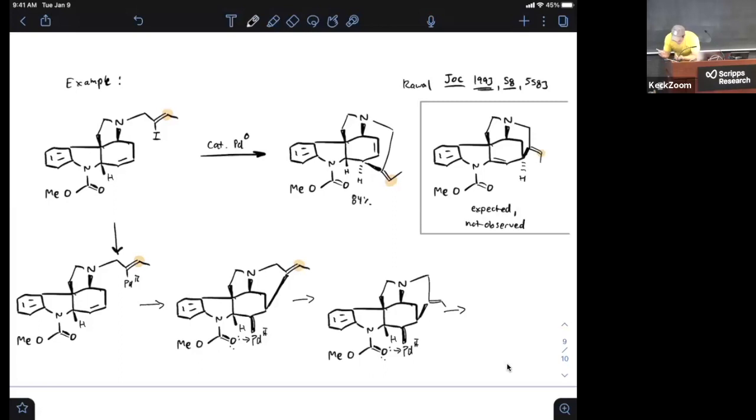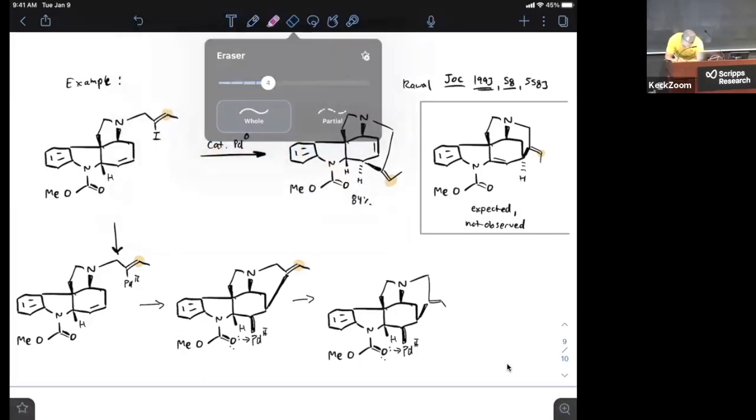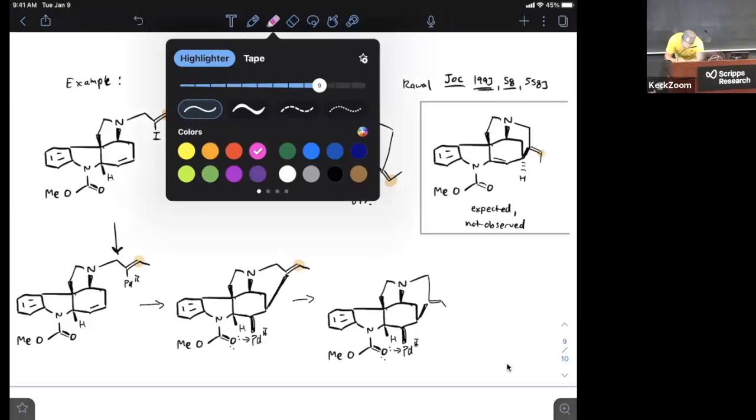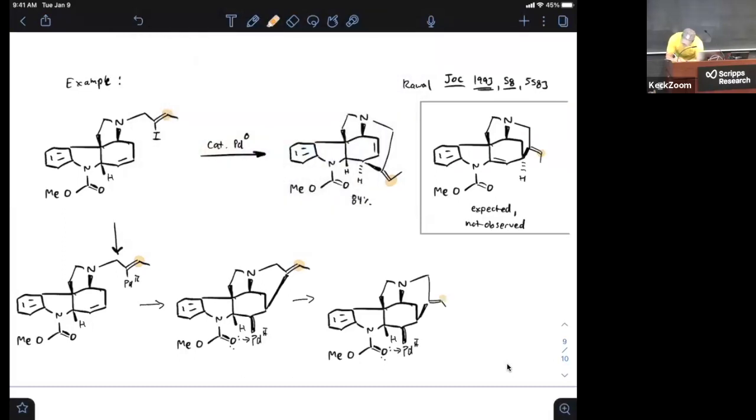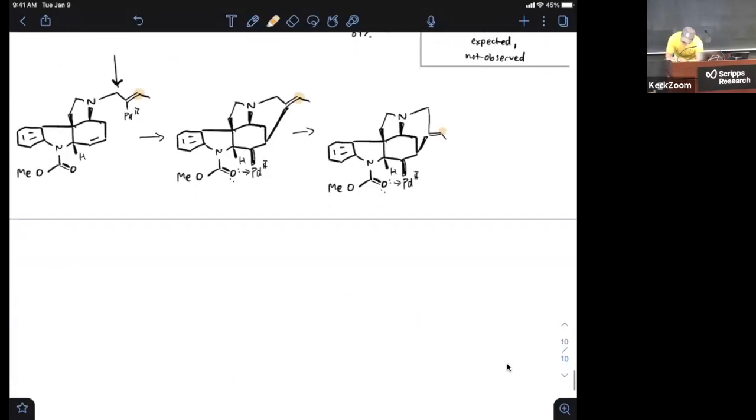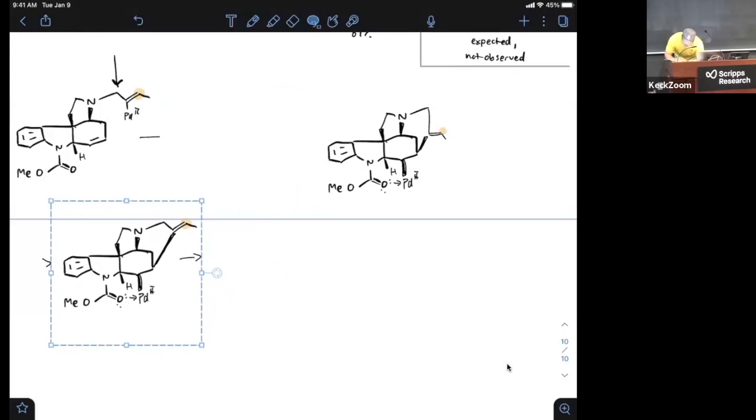You have an organopalladium and you have an alkene, so that we always say is a recipe for migratory insertion. What would you generate then as the product there? You would generate a cyclopropane with the palladium on the terminal position. Beautiful.